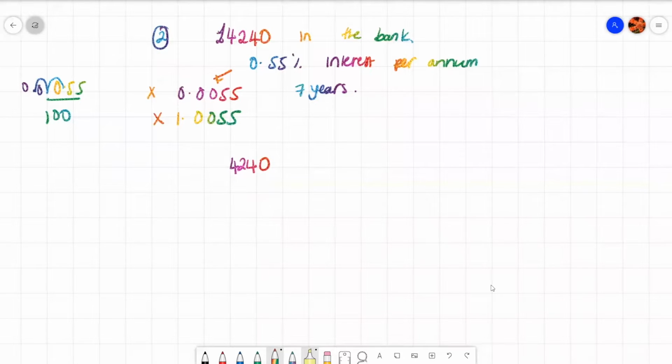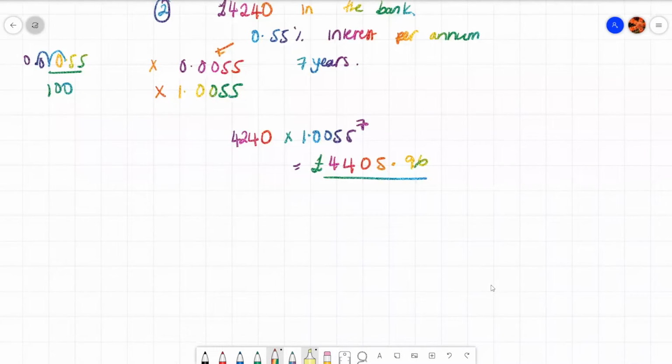Okay, so I'm going to times that by 1.0055. So 4240 times 1.0055 to the power of 7. Okay, I end up with 4405.96. I'm just going to round that, and there we are. £4,405.96.